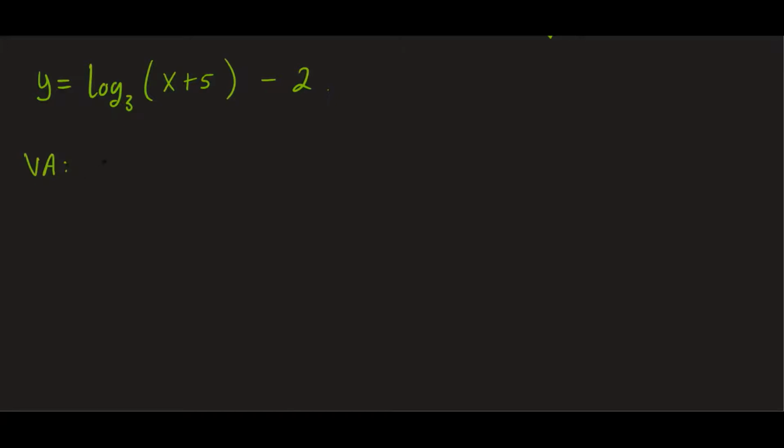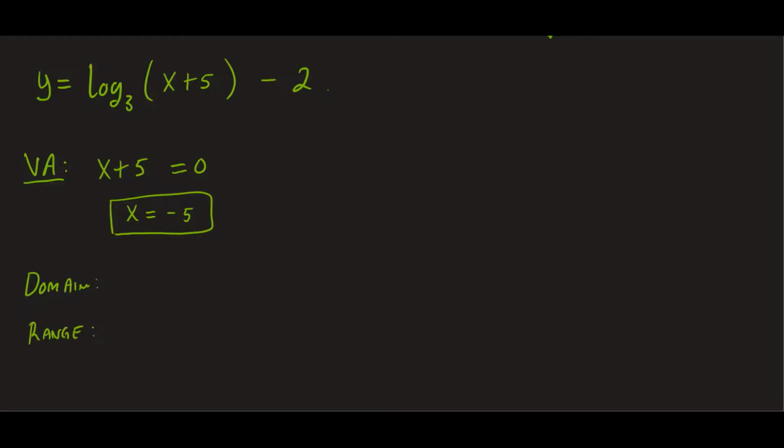In this case, we're going to take x plus 5, set it equal to 0, and solve for x, so you get x is equal to negative 5. That's your vertical asymptote. And then from the graph, we'll figure out the domain. In this case, I wrote y, so I wouldn't put f. Let's just say domain. And then we'll figure out the range.